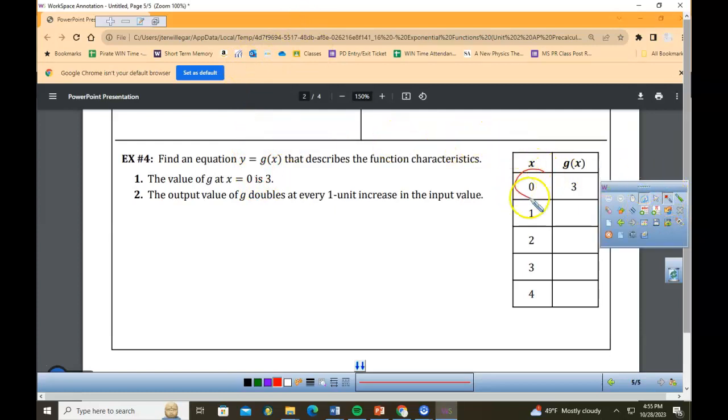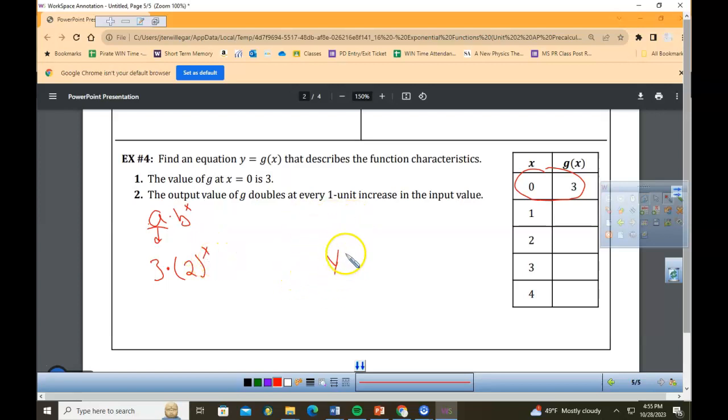My initial value is (0, 3). So remember, I have a times b to the x, right? A is my initial, so for this one, my initial is 3. Okay. So 3 times. Now, what's my rate? I'm doubling. So how do I double something? I times it by 2 to the x. So that's my formula.